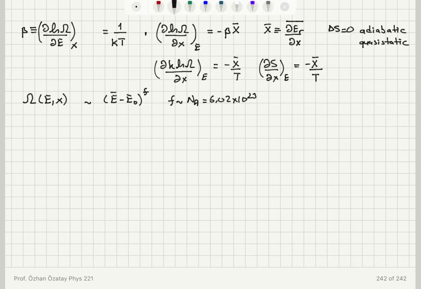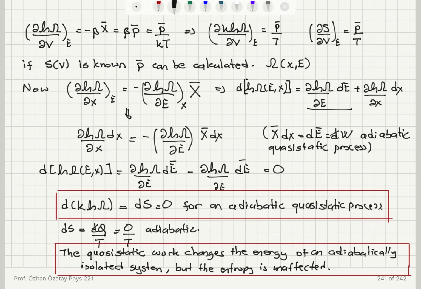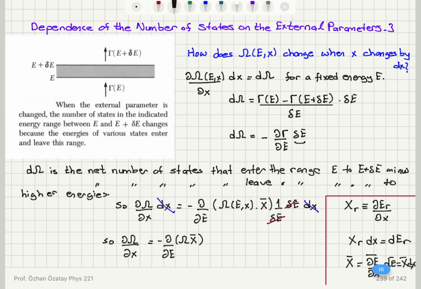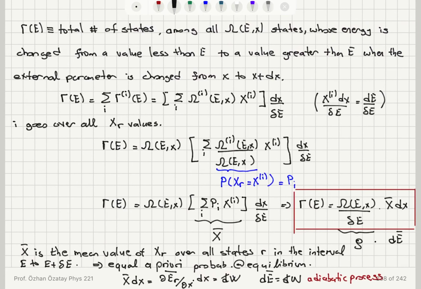And how did we reach this conclusion about the variation with respect to the external parameter x? Well, we looked at the number of states entering this region, E to E plus delta E, and leaving this region. We have shown that the number of states entering this region is the density of states multiplied by the change in the energy, dE bar, which is X bar dx.